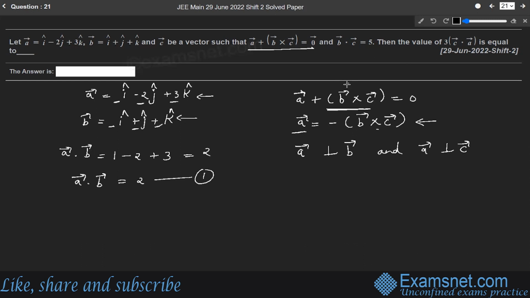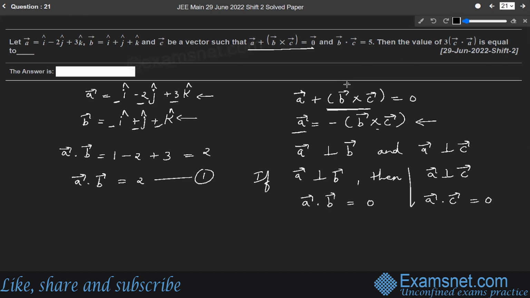Now, do you know the basic condition if two vectors are perpendicular? If A vector is perpendicular to B vector, then the dot product is always 0. It means that A vector dot product B vector will always be 0. Similarly, if A vector is perpendicular to C vector, then A vector dot C vector will also be 0.